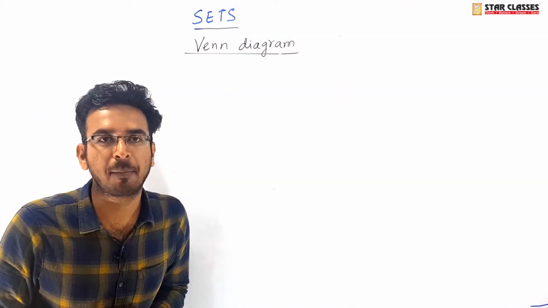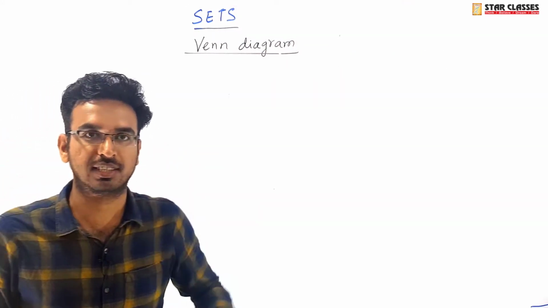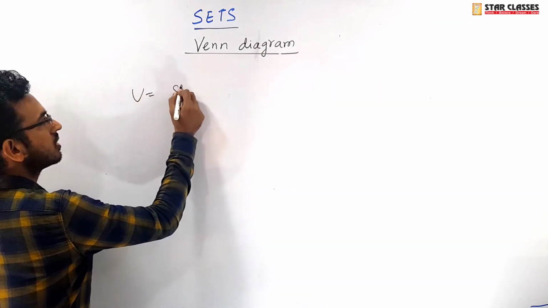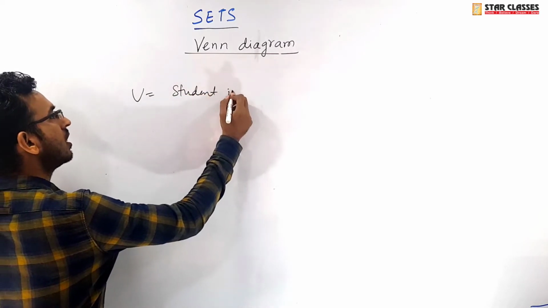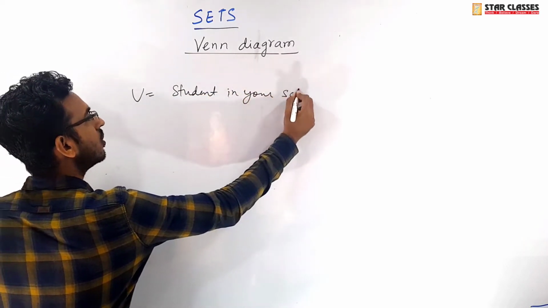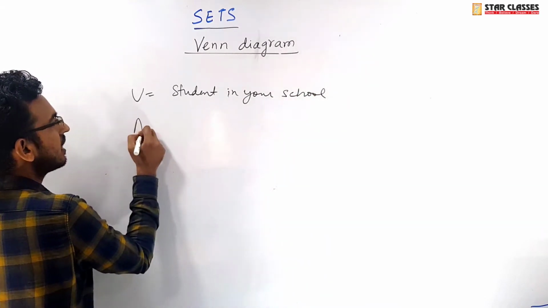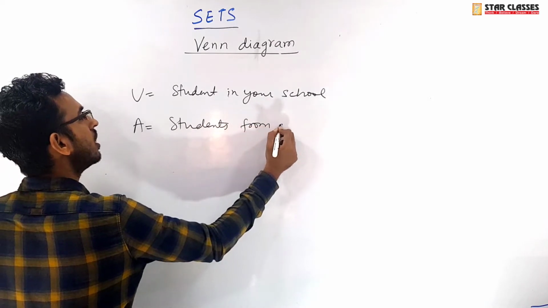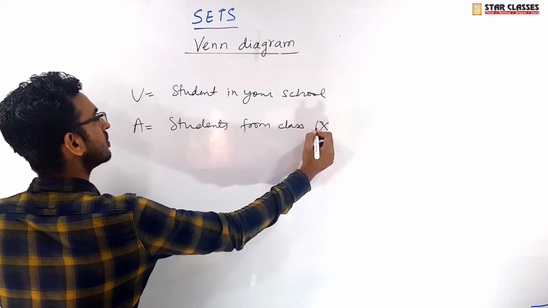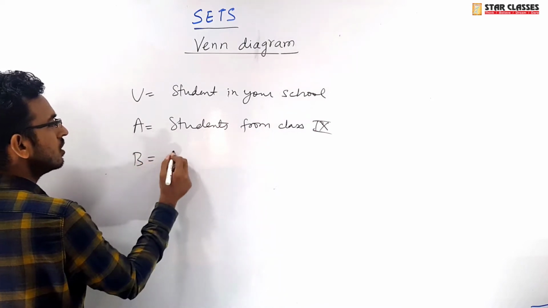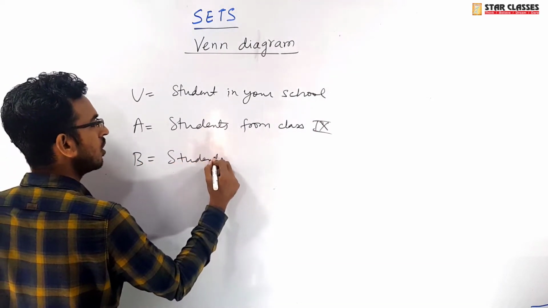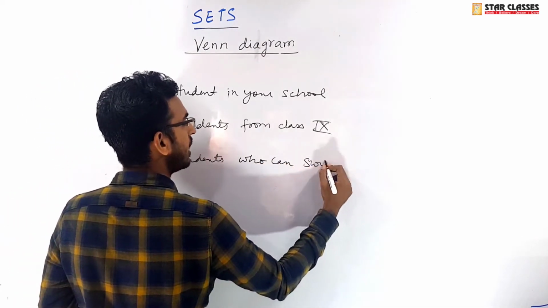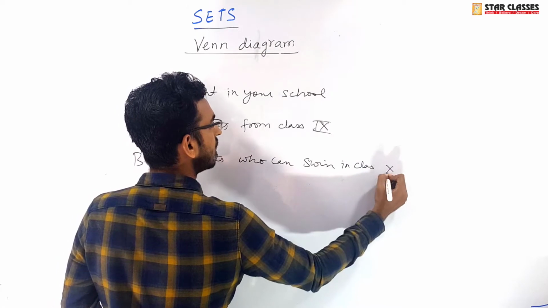I'll give you another example of subset, superset and universal set. Let us say that the universe is students in your school. Okay, if I say set A is students from class 9th and set B is students who can swim in class 9th.